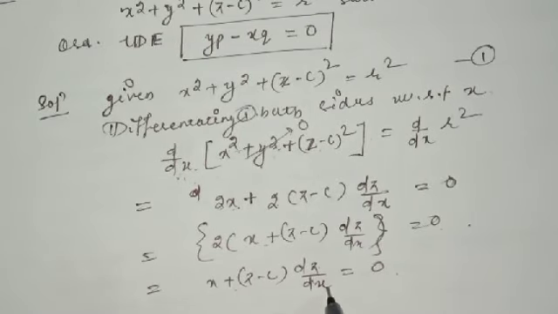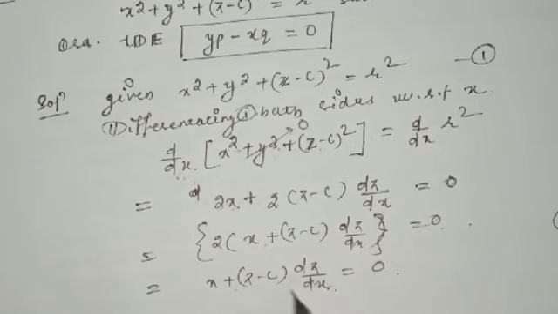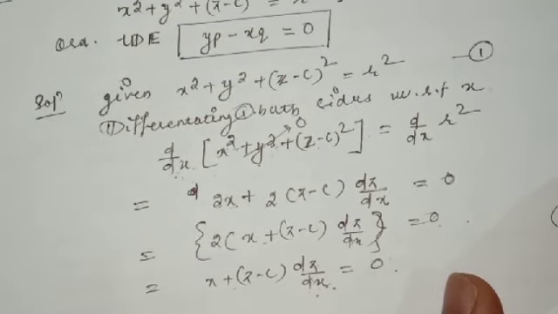dz by dx is treated as p, and dz by dy is equal to q, that is for sure.